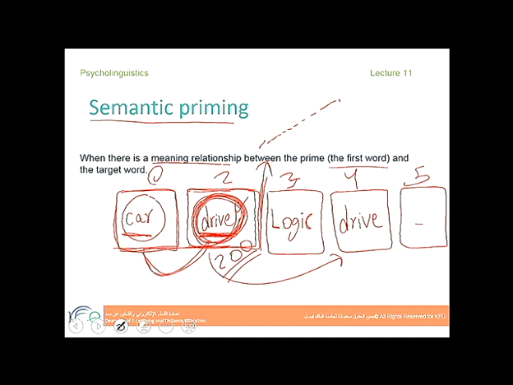Then I show participants a lot of words, and for each one they respond: yes, it's a word, no, it's not a word. And then I show them the word logic, which is not related to the word drive. Then I test again how long it took participants to say, yes, this is a word, the second time. But the difference is that it's preceded by an unrelated prime.